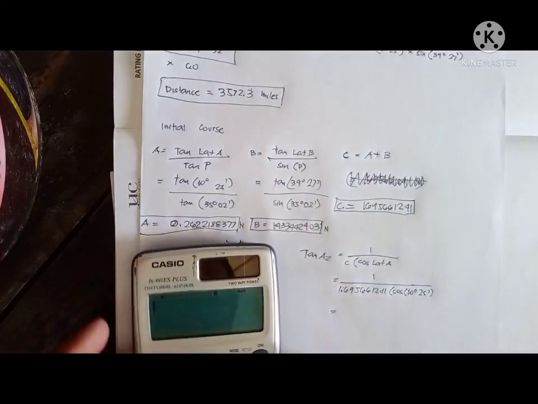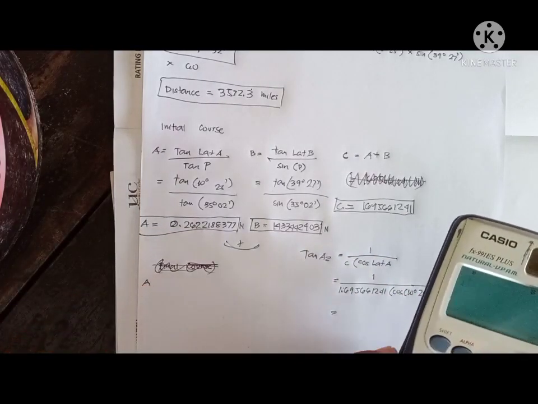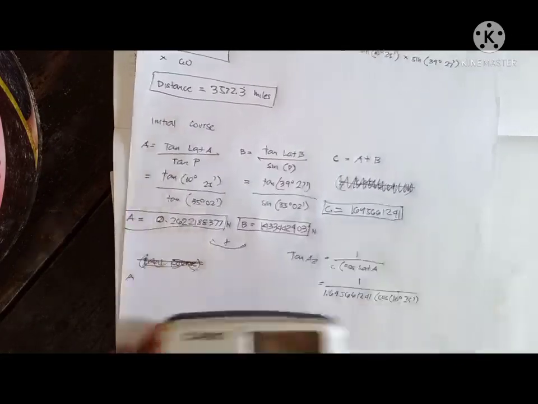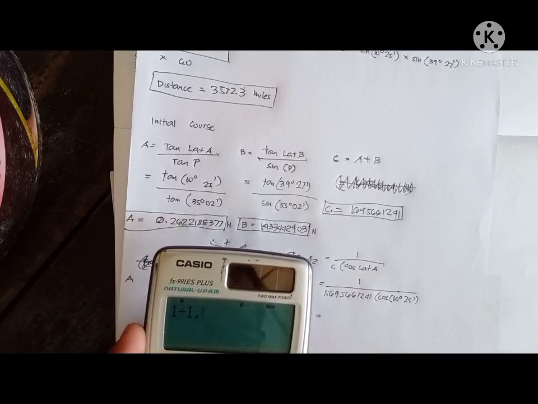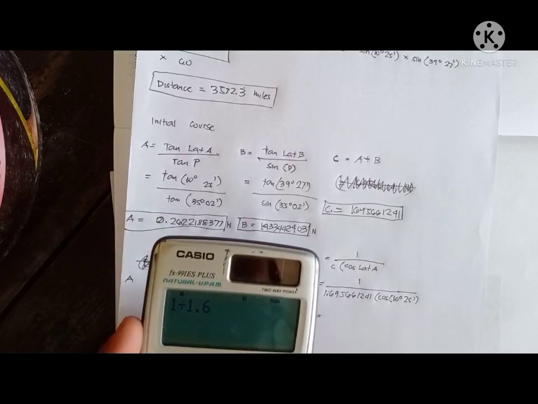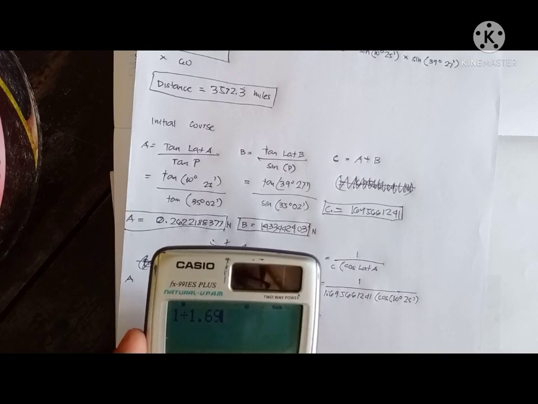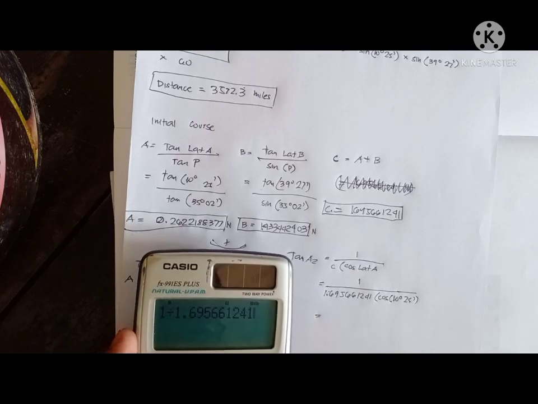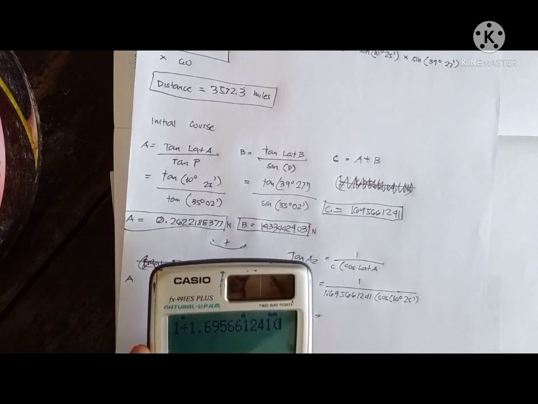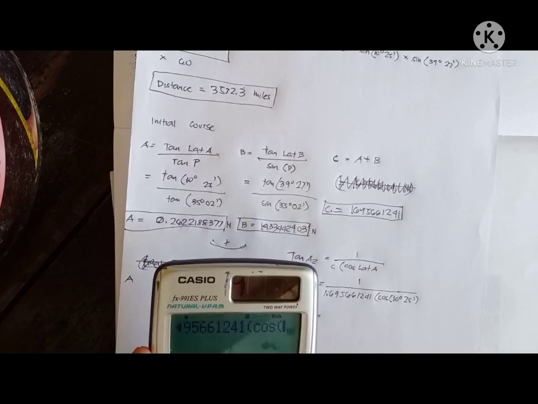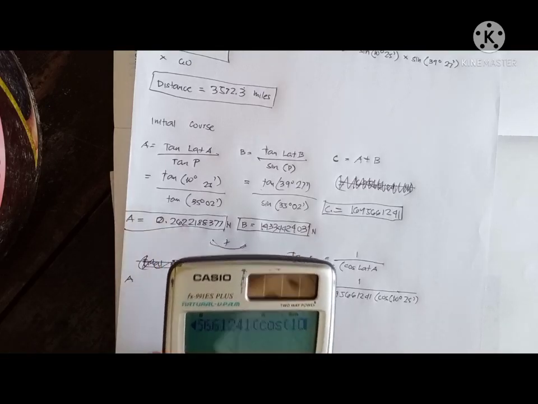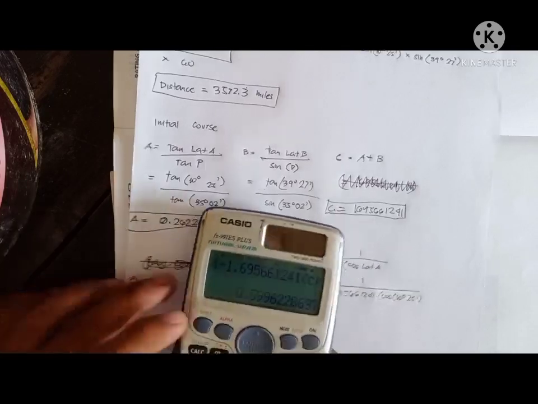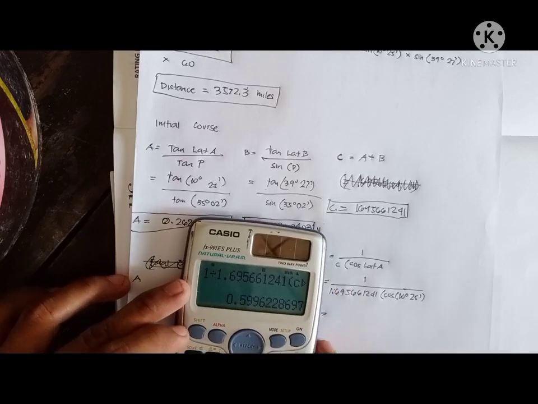So get our calculator. 1 over 1.695661241 times cos 10 degrees 25 minutes. So we'll come up to the answer of this.